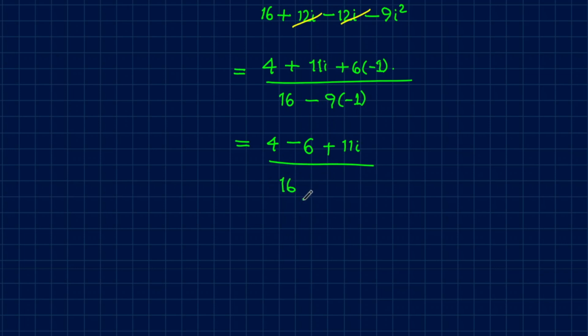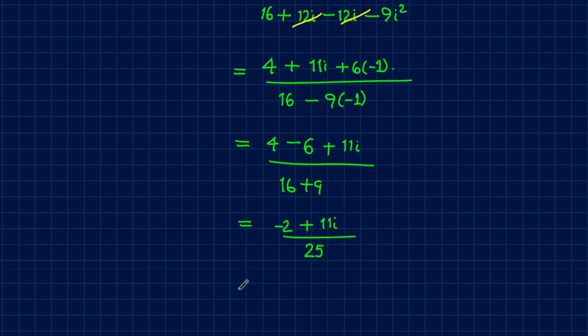Now negative and negative is positive, so we have here 9. Simplifying what we have there in the numerator, this simplifies to -2 plus 11i. So from the denominator, 16 plus 9, we get 25.